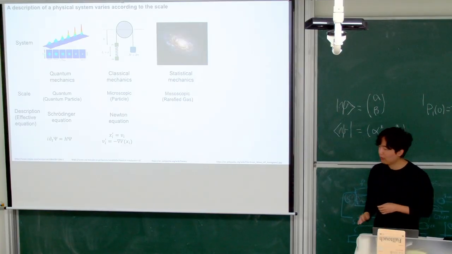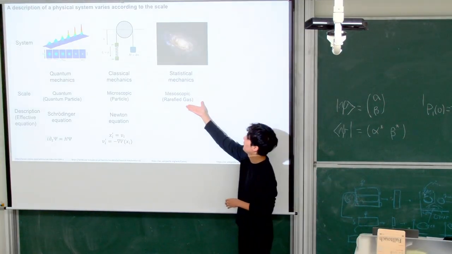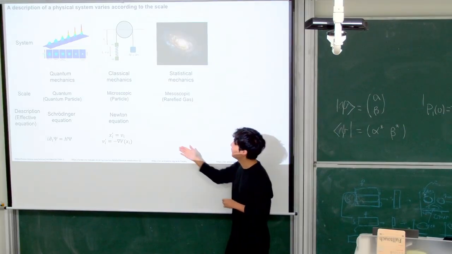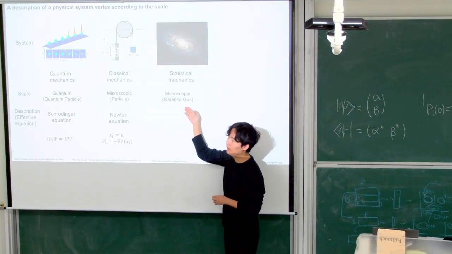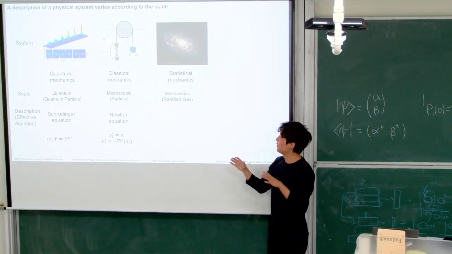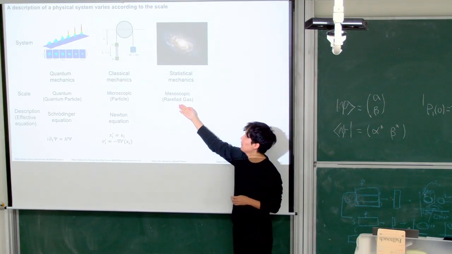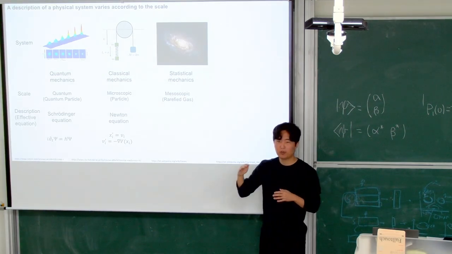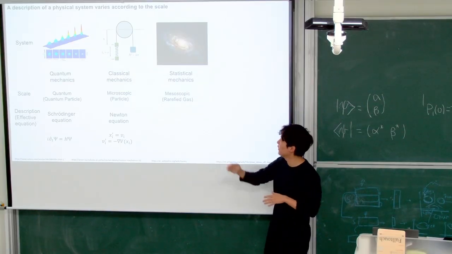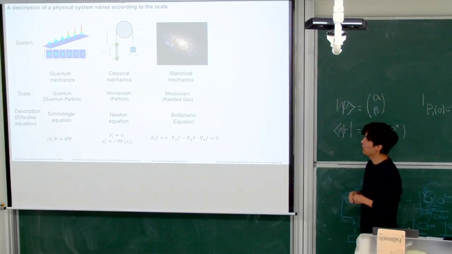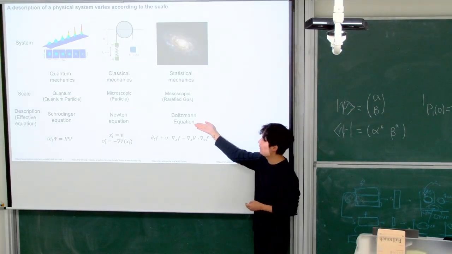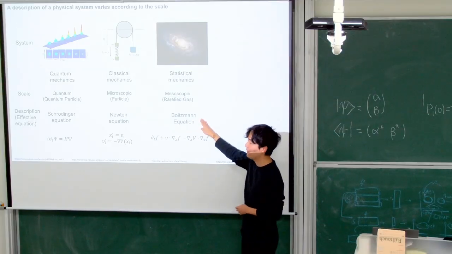Its scale is called mesoscopic. So from the particle to this regime, we are essentially dealing with something like a gas, but it is rarefied. Rarefied means that the density is quite low, a low density gas. Now the equation is usually the Boltzmann equation.